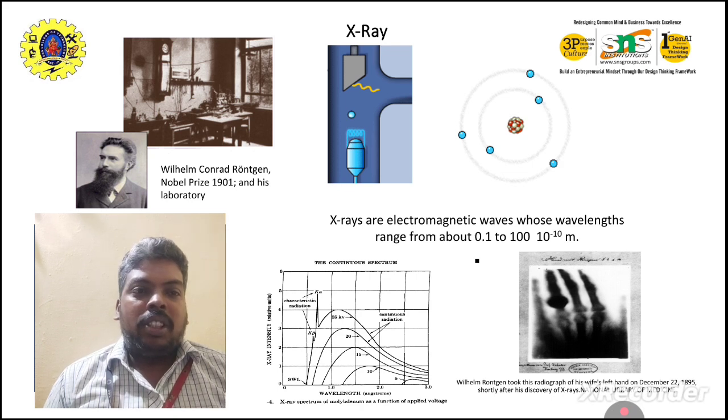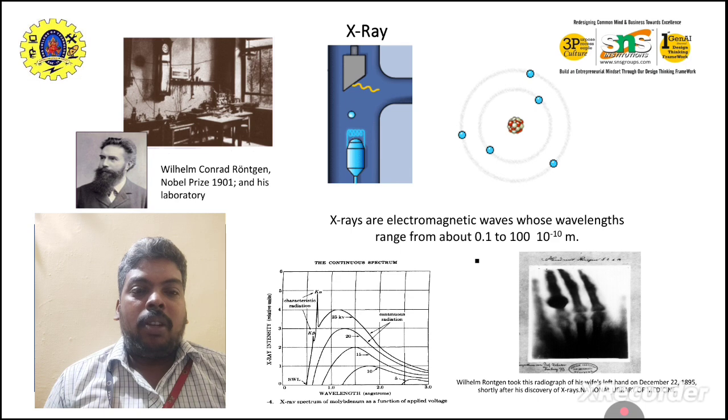So what are X-rays? X-rays are nothing but fast moving electrons ejected from the source and hitting a heavy target element. The electron interacts with the inner core of the atom, that is, the inner electron in the inner circular orbital.